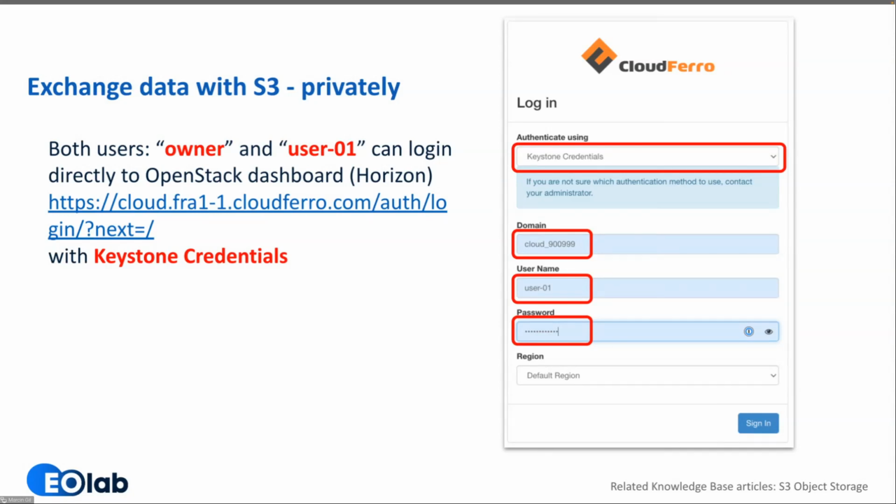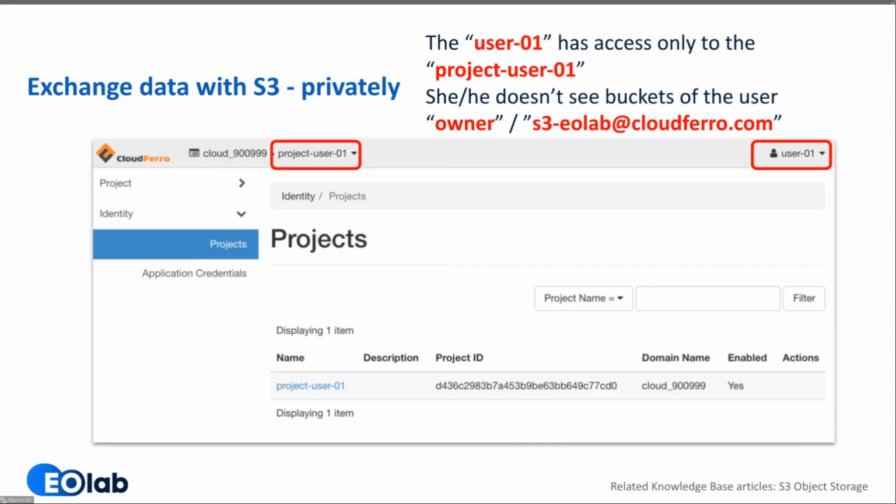This example shows how user one is logging in, but owner can do the same. So log in directly using Keystone credentials. And as you can see, user one now has access to only this one project. So only project user 01. And the main, that is owner, has access to the main project.